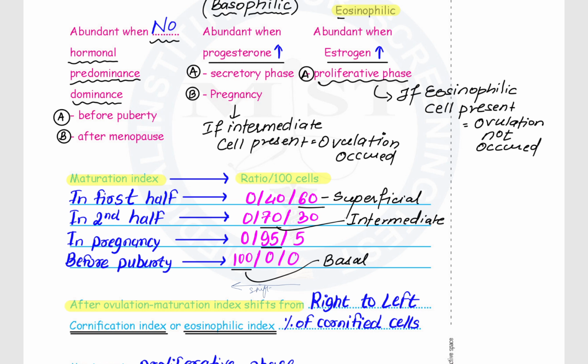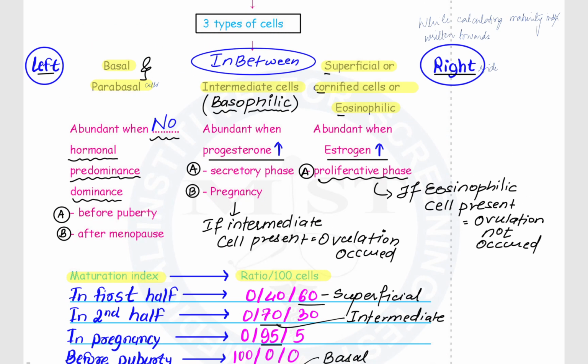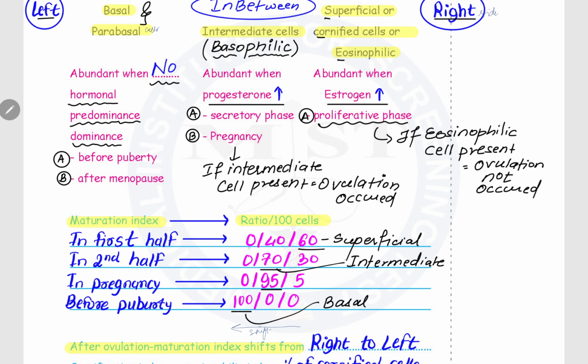So you will see 0, 40, 60. This is the order we write: basal, parabasal, intermediate, superficial. So why 0? Because you are neither in pre-puberty nor in postmenopause, so that is definitely 0. 40 because you still have some amount of basophilic cells, but you have more superficial cornified or eosinophilic cells in the first half. So 0, 40, 60.